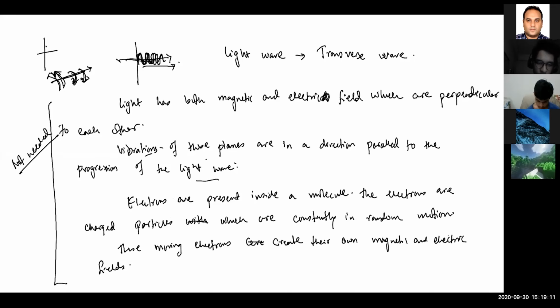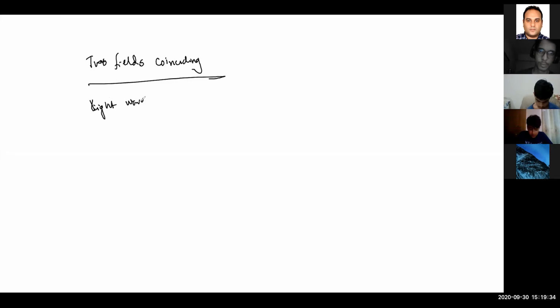Okay. As we were saying, there are two fields coinciding. One is the light wave, which itself has a magnetic field and an electric field.